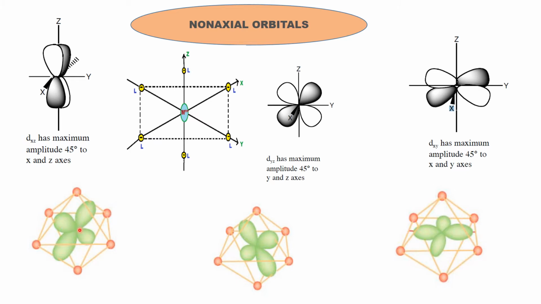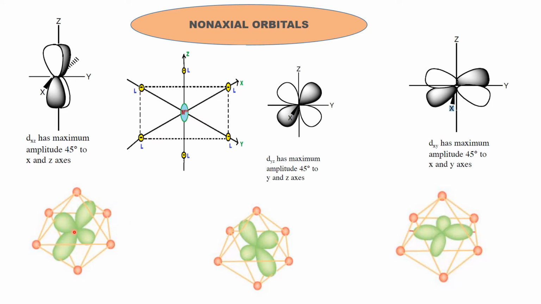The xz orbital is lying in between the x and z axis, while the ligands approach through the x, y and z axis. So these orbitals have no direct contact with the ligands. So somewhat less repulsion occurs compared to the axial orbitals.